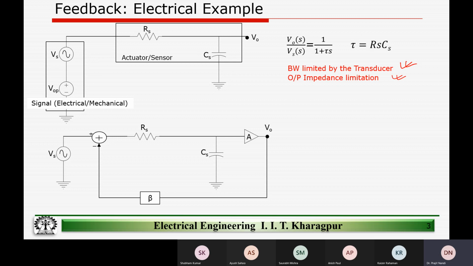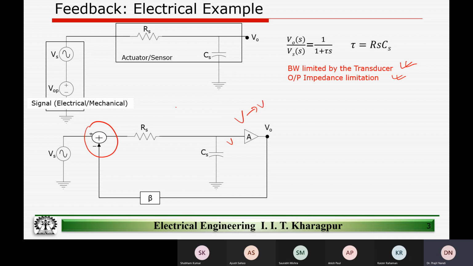So what I have done is taken an ideal voltage amplifier, which will amplify an input voltage V with a gain of A, and I have taken a feedback with a feedback factor beta. And here I have an arrangement wherein the input signal source, be it electrical or mechanical, is added in a negative feedback configuration, right?